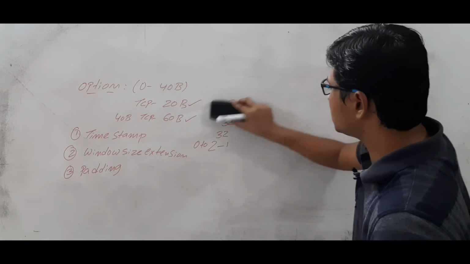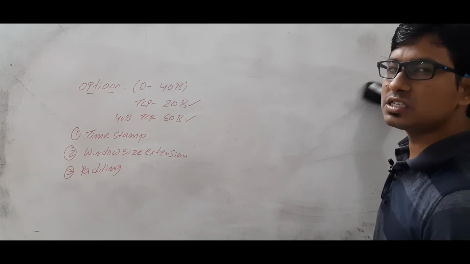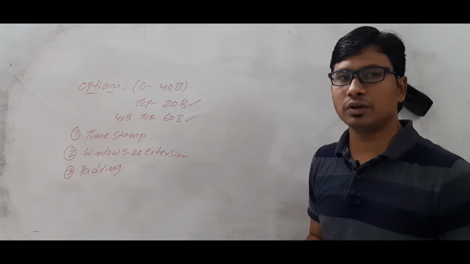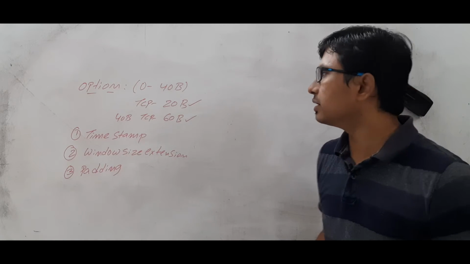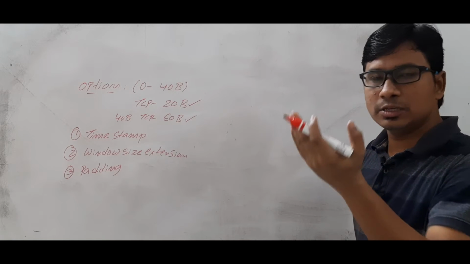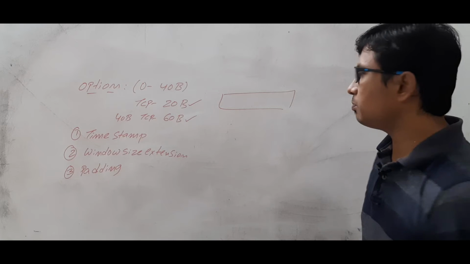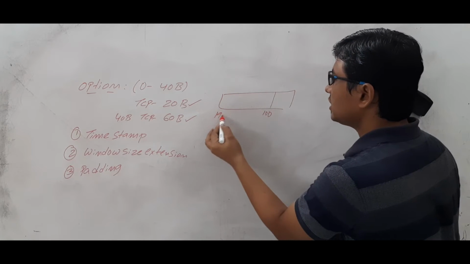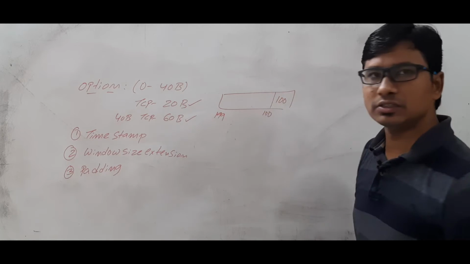If you have these sequence numbers, for each byte you need to use a sequence number, because it is a byte stream protocol. Each byte will consume one sequence number. Even in the earlier examples, when I was discussing TCP connection establishment, I said that if you are sending 100 bytes, let's take from byte 100 to byte 199, then the sequence number will be 100.